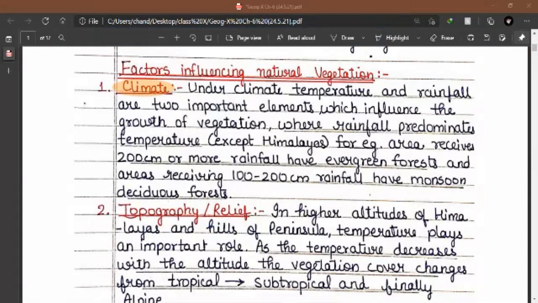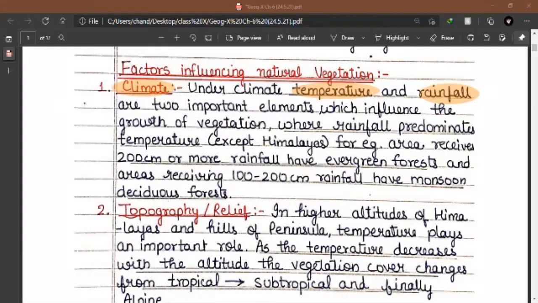Under climate, temperature and rainfall are two important elements which influence the growth of vegetation. Where rainfall predominates temperature, except Himalayas.